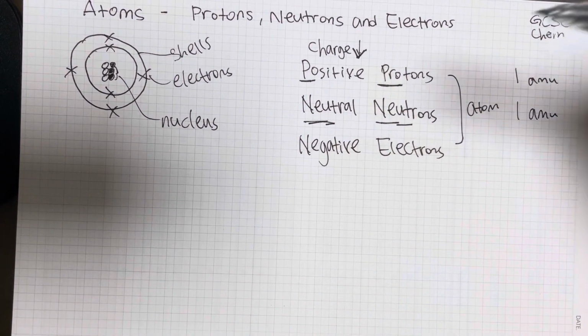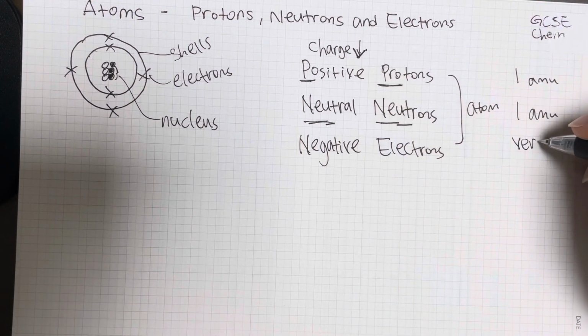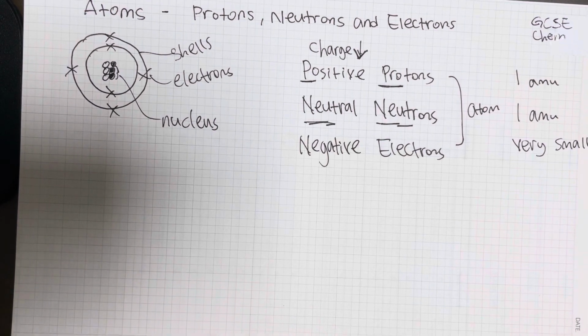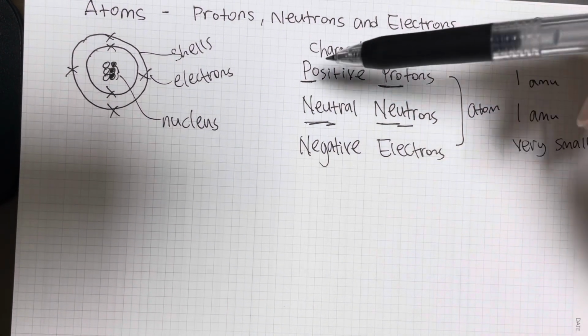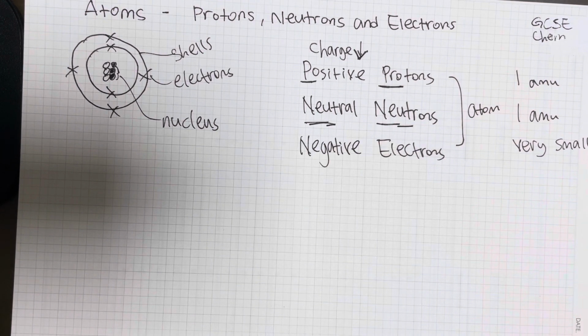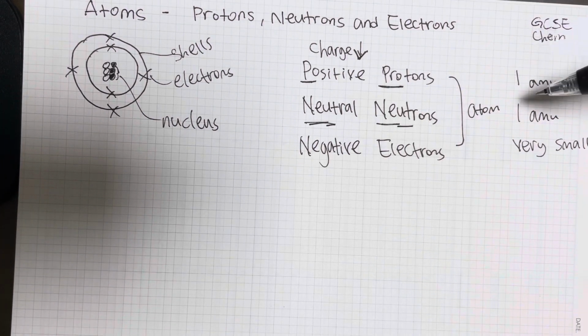Now you're probably thinking negative electrons are also 1. But negative electrons are just very small. Why is that? I don't really know why. I'm not a chemist, I don't do this for a living, but my logical guess, my hypothesis, would be that because these are positive protons, they're positive, so they have a mass of 1.